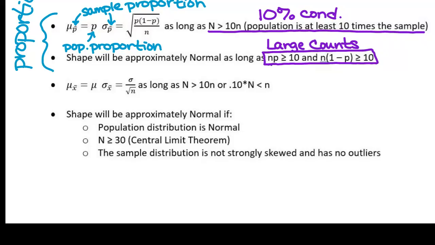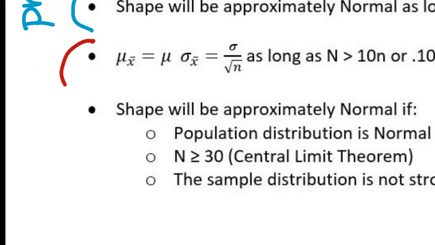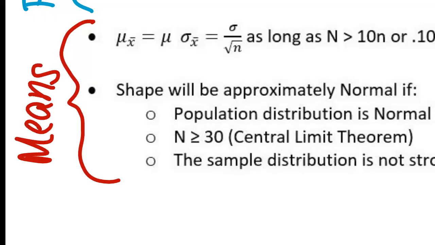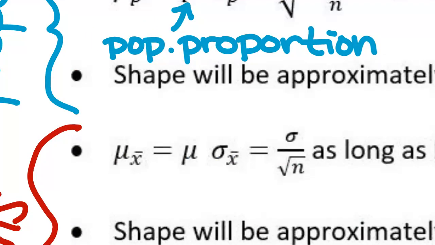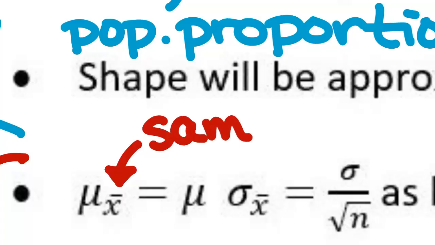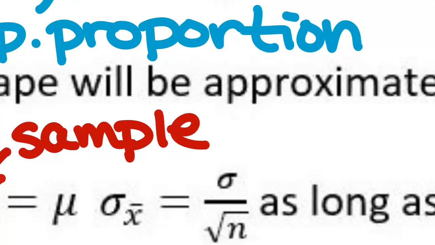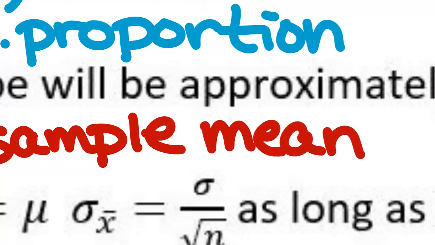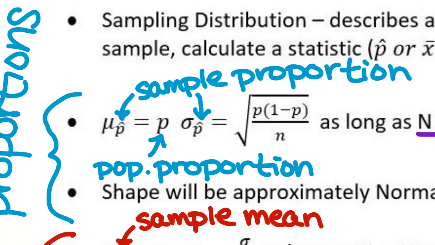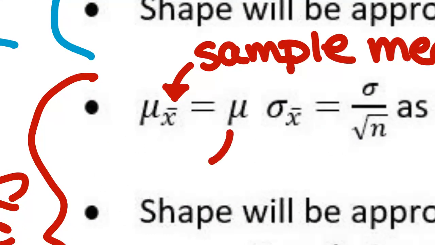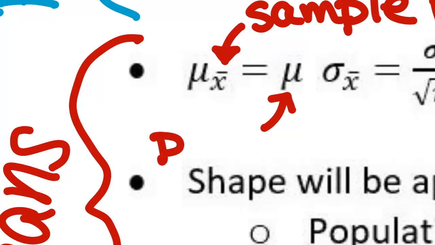This is talking about means or averages. The sample mean: the mean of x bar, the mean of the sample mean, is the same thing as the population mean.